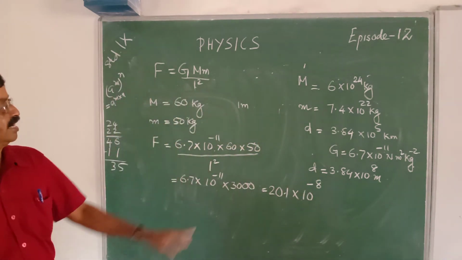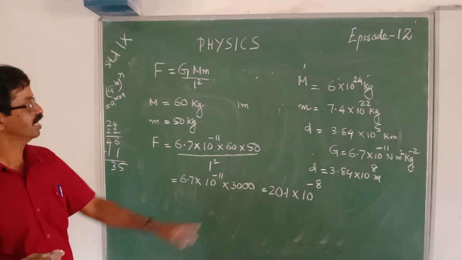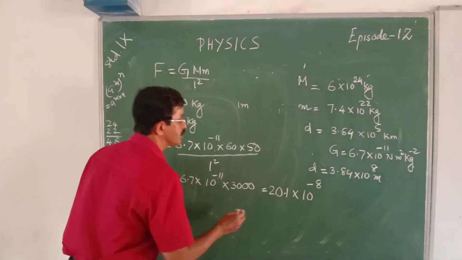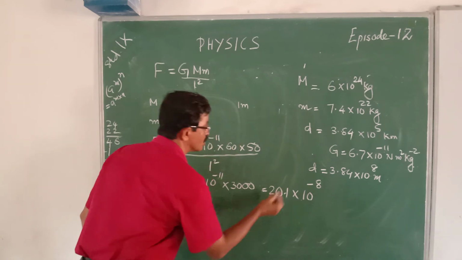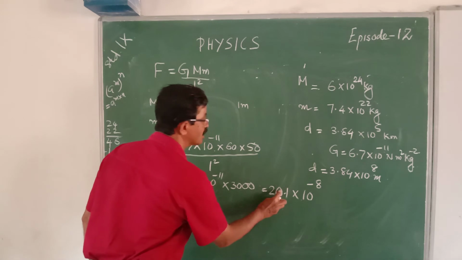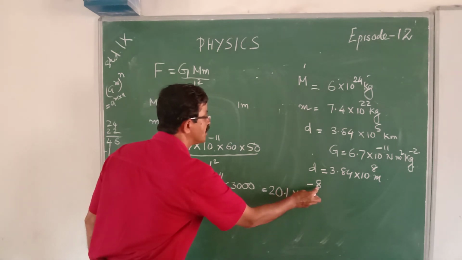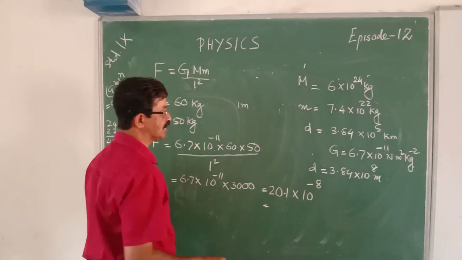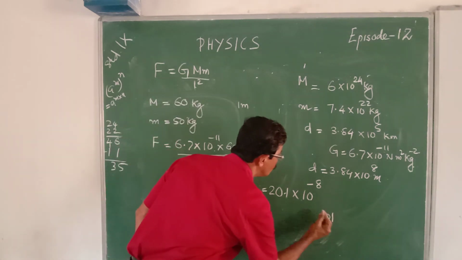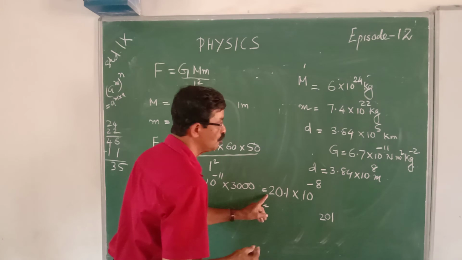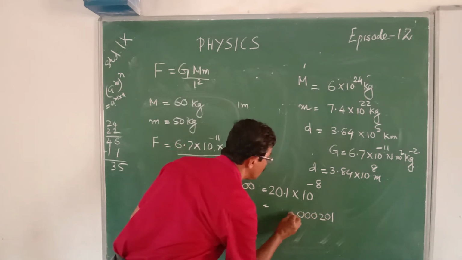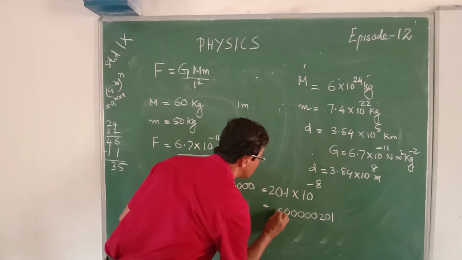Now how much is this value? We want to shift the decimal 8 places. That means 1, 0, 2, then 6 more places: 1, 2, 3, 4, 5, 6.